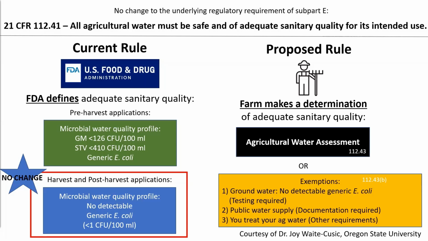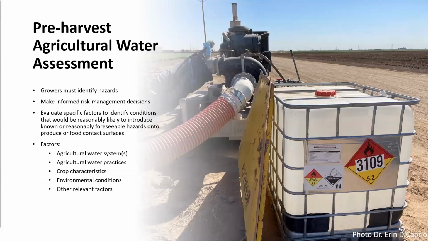So if you're using municipal water, you would have to get documentation from the municipality once a year that their water meets the potable drinking water standard. You can also have an exemption from that ag water assessment if you treat your ag water. There are different ways that you can treat your water pre-application in the field and be exempt from that water assessment.